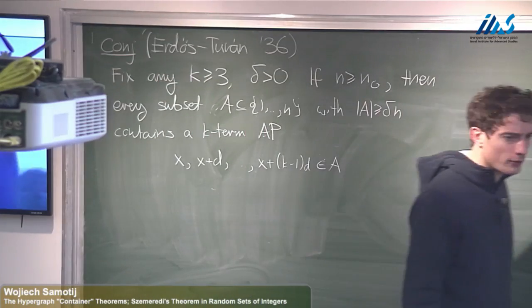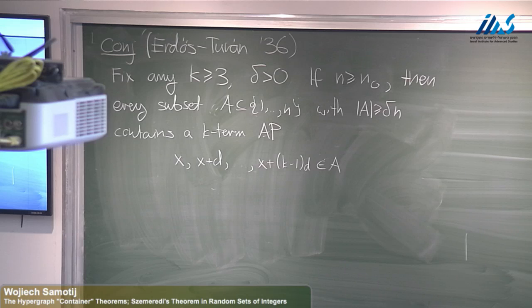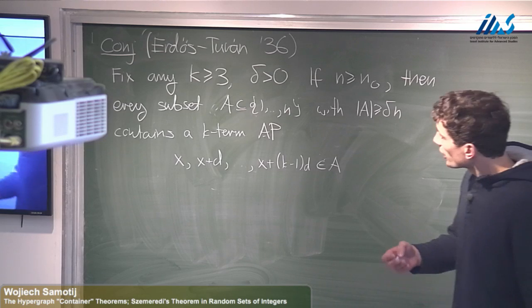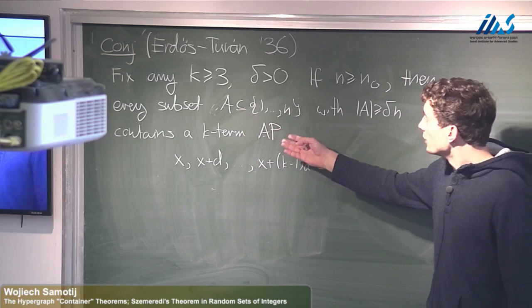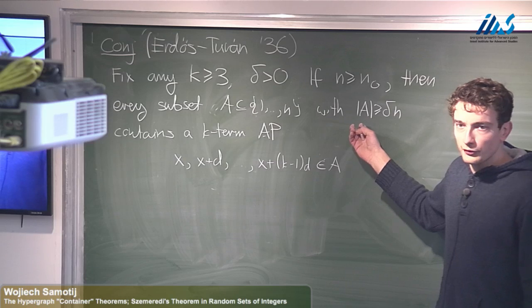If I'm not mistaken, the original motivation for their conjecture was the theorem of Schur, sorry, not Schur, but van der Waerden, who proved that if you color the set 1 through n with some bounded number of colors, then if the set is sufficiently large, in one of the colors you will see an arithmetic progression. And certainly, if you take the most popular color, then it will contain some positive proportion of all the numbers.